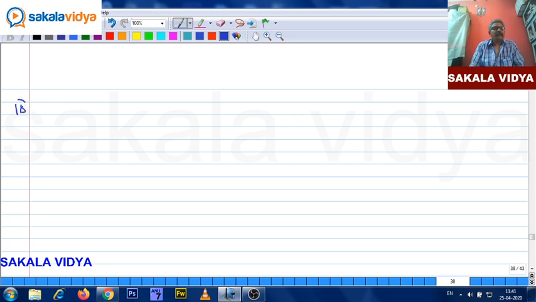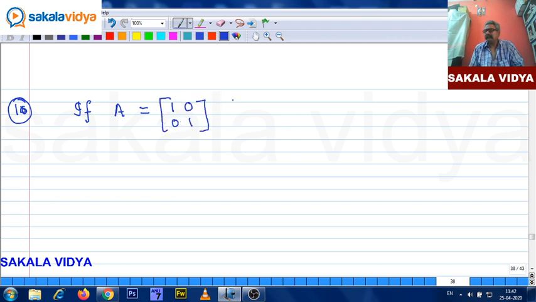Tenth one. If A equals 1 0 0 1, then 5A cube minus 7A square plus 2A equals.